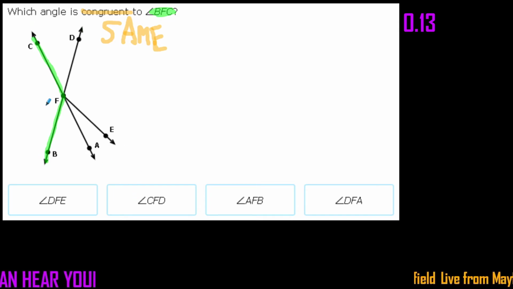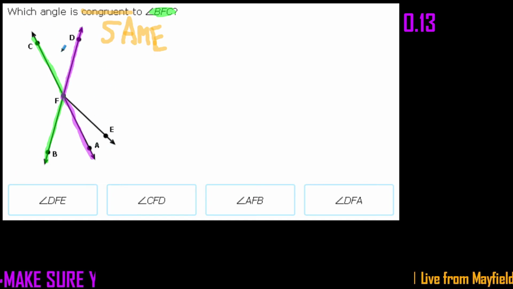I know it has to be a decent sized angle, so it has to be opposite of it, sharing that same vertex, so I need to go through the point F, and I can see that if I highlight this angle, it forms that X.